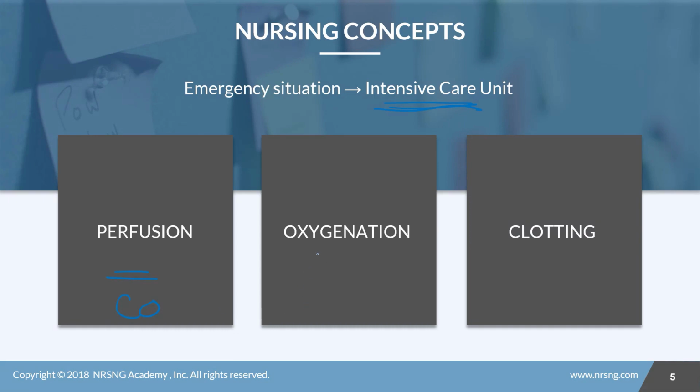Then, because these patients are at risk for airway and breathing issues, we want to monitor their oxygen status and intervene as necessary, maybe give O2, or they might even need to be ventilated. And then I added clotting because this condition might be caused by a PE or an MI, both of which are clots in either the pulmonary vasculature or in the coronary arteries. So we need to consider the interventions related to managing those conditions as well.